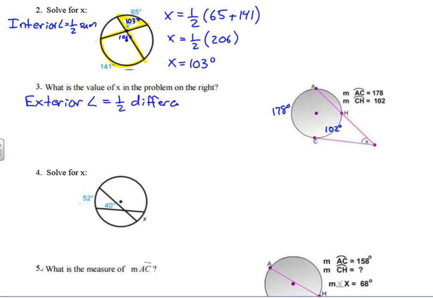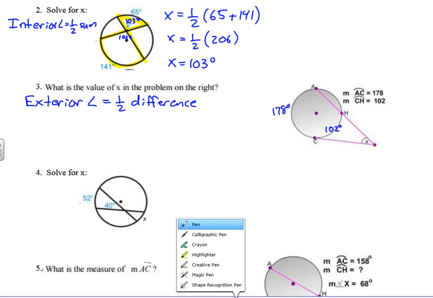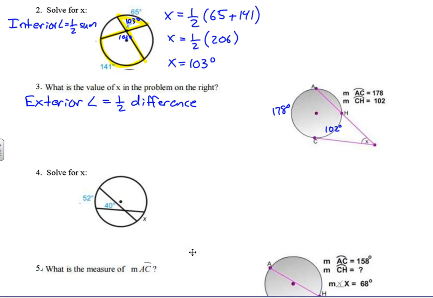The difference of what? We take our two segments and see what these two arcs are: this yellow arc here, and this green arc right here.